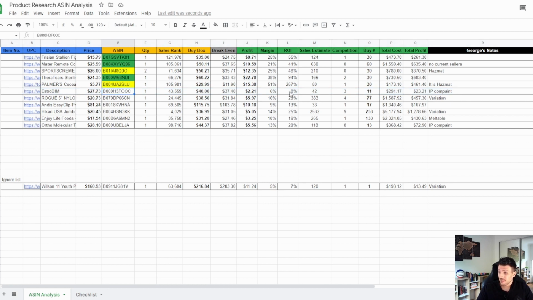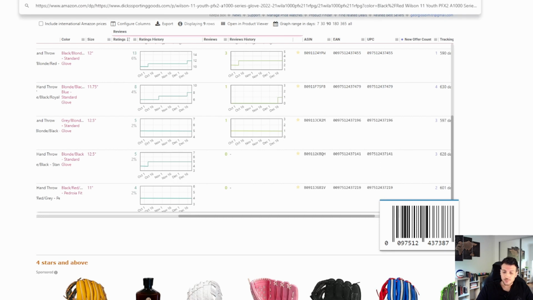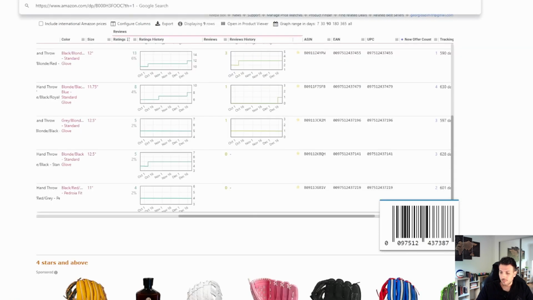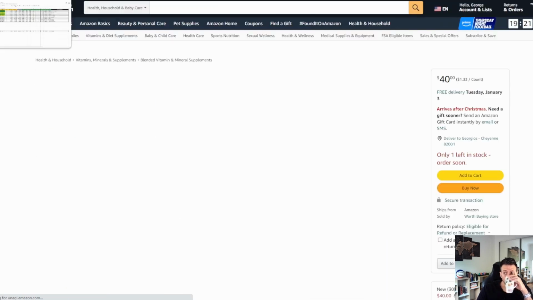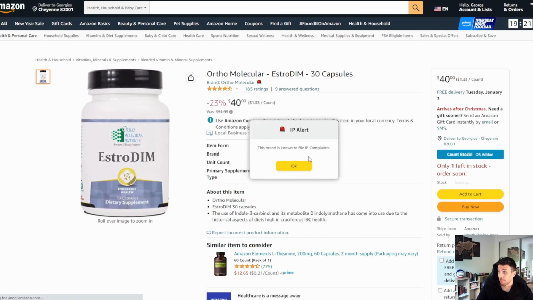This is the same issue. It's got very low ROI. Let's have a quick look at it. Okay, so there's an IP complaint on this product, so you've got to be careful if you're going to buy it.